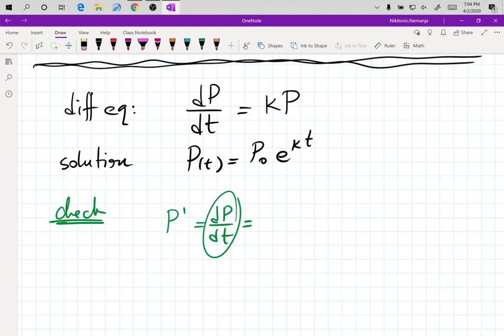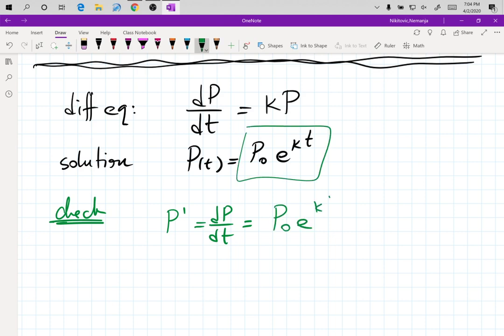So we stay away from these primes if at all possible. To check the validity of this equation, I'm going to find the derivative. The derivative of this is P0 e^(kt) times k, because that drops down from the chain rule. So this works out to be P0 k e^(kt).